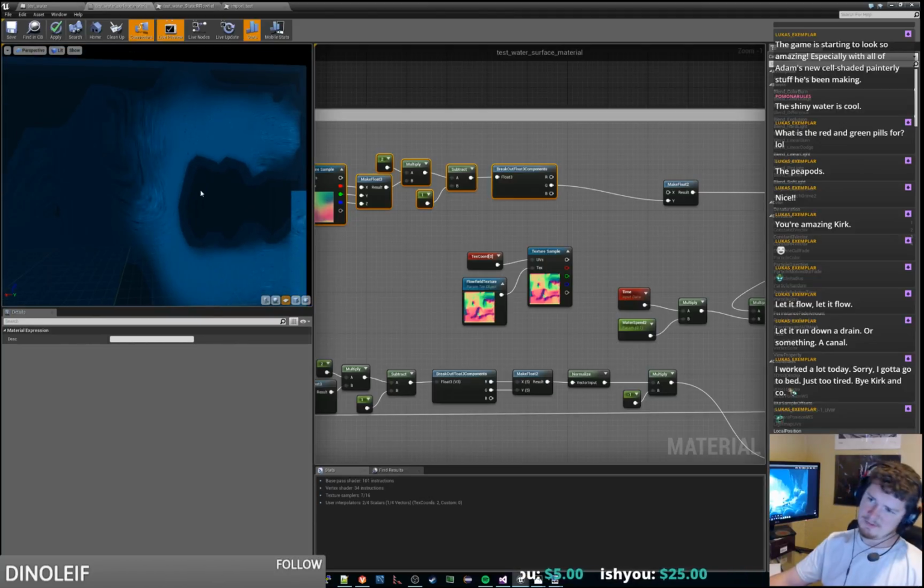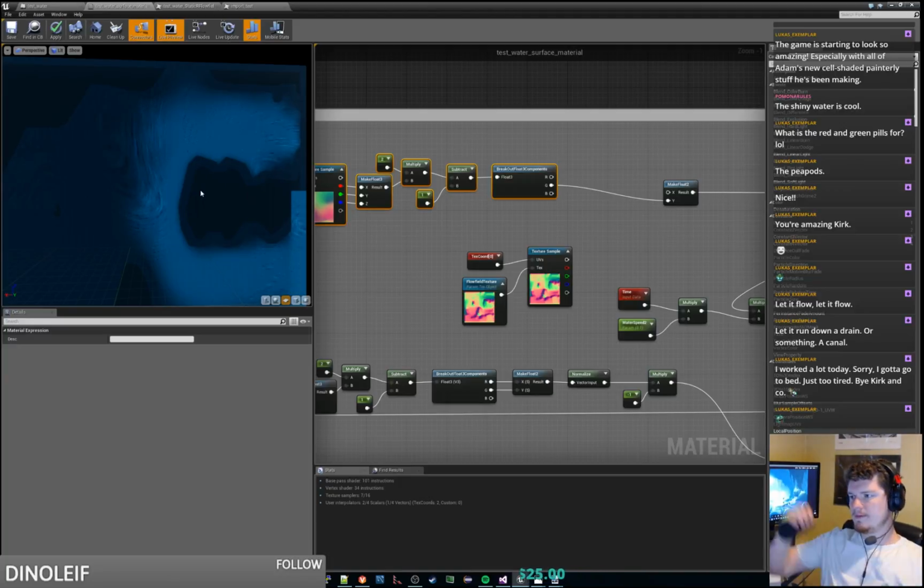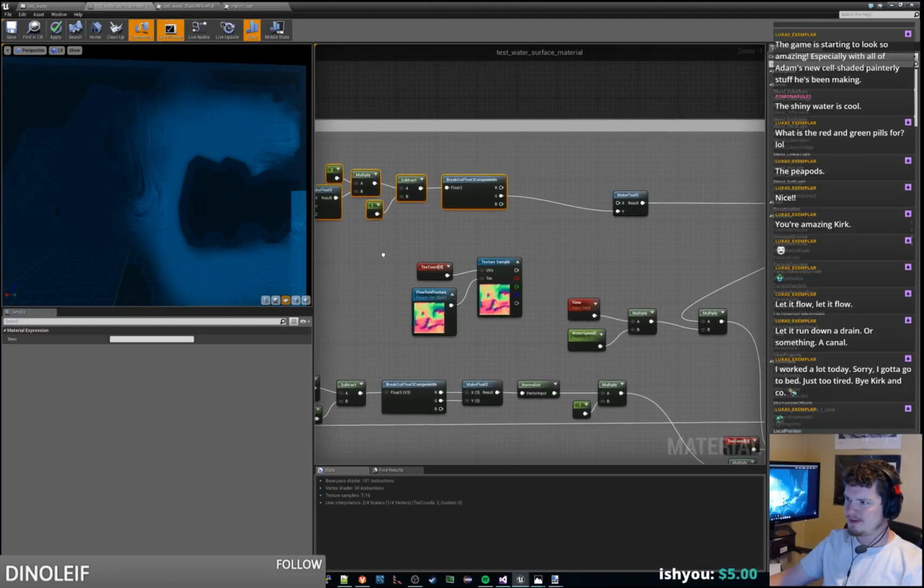Maybe we need two textures for motion? Maybe we need one moving in the X direction and one moving in the Y direction? Is that all we need to do? I mean, stuff is all sorts of screwed up unless we're only moving in one.